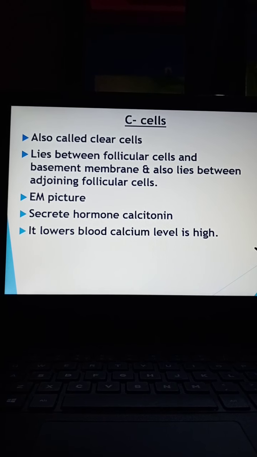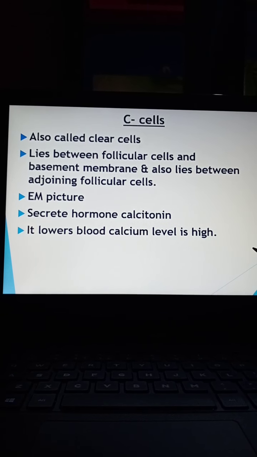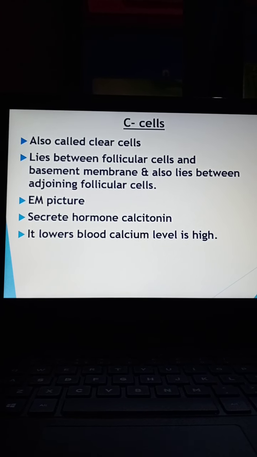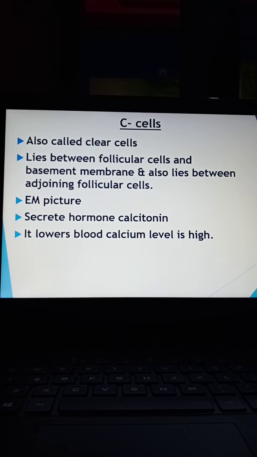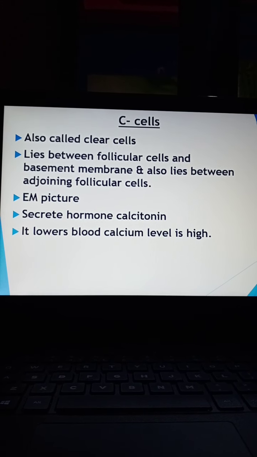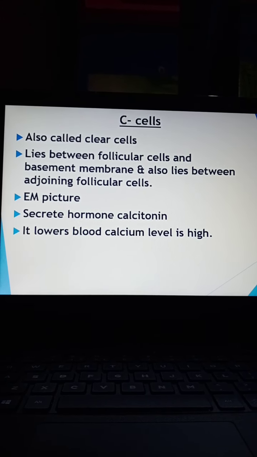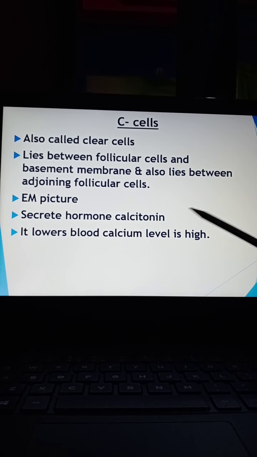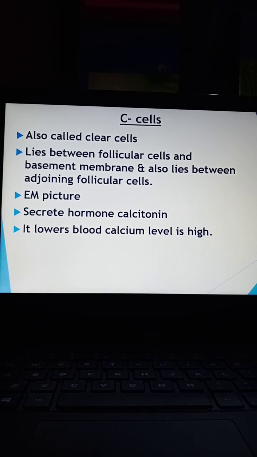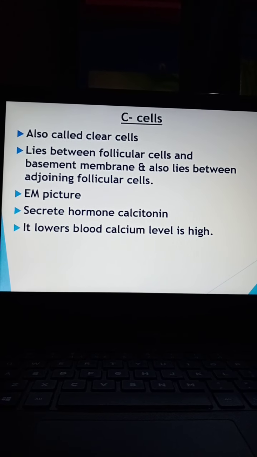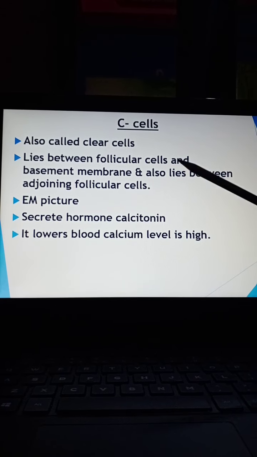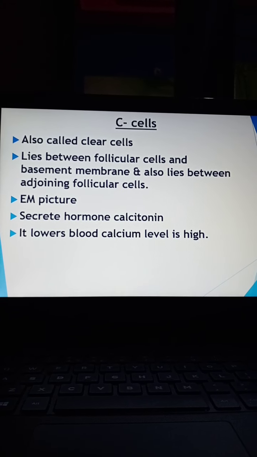So what is the function of the C cells? C cells achieve this function by suppressing bone resorption, which is done by the osteoclasts. So the function of calcitonin is that it lowers the blood calcium level when the calcium level is high. That is the main function of calcitonin or the C cells.